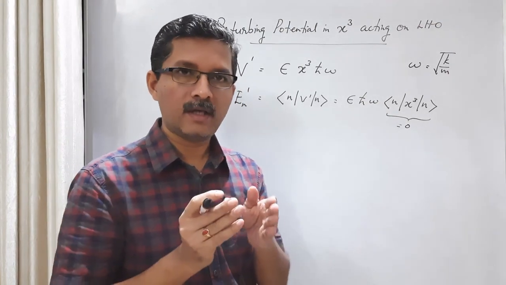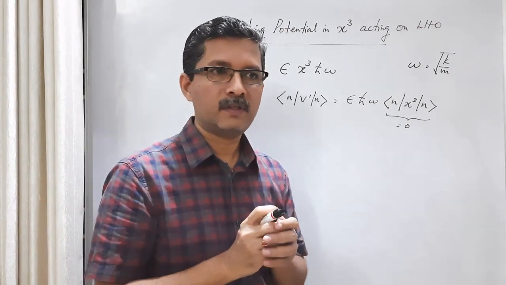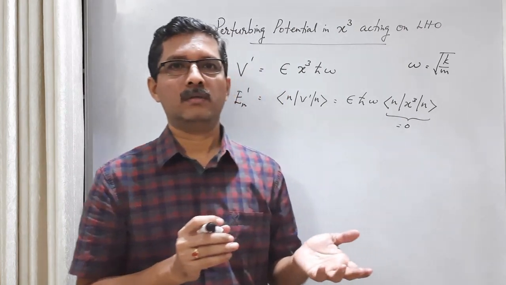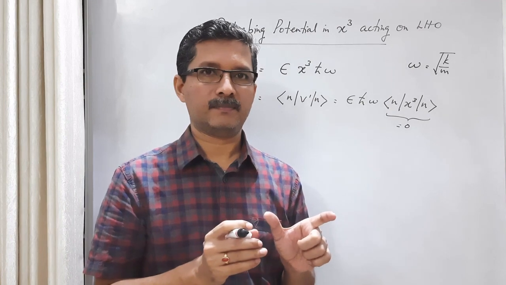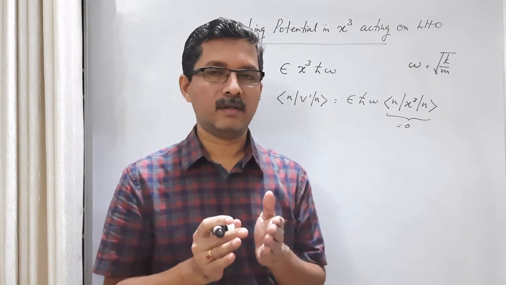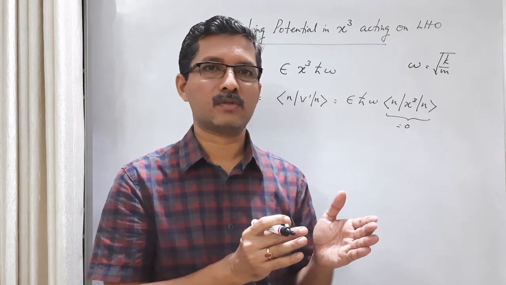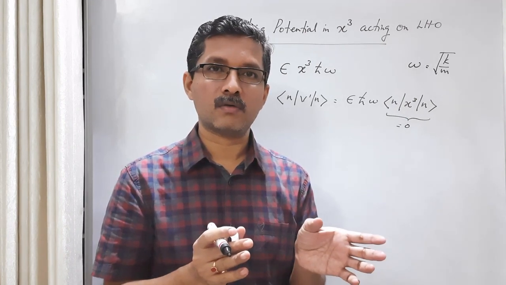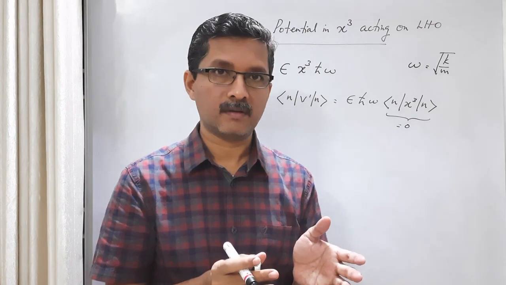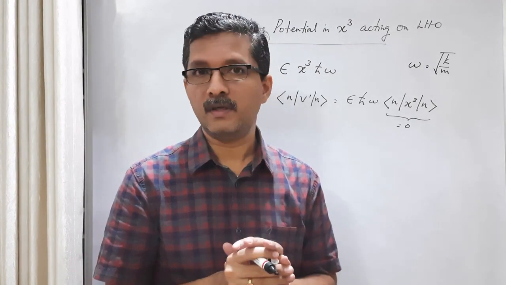So this phi n has a definite parity. Whether it is even or odd, phi n star phi n will always be an even parity function. If phi n is an even function, phi n star is also an even function, the product is even. If phi n is an odd function, phi n star also is an odd function, the product is even. So phi n star phi n always is even.